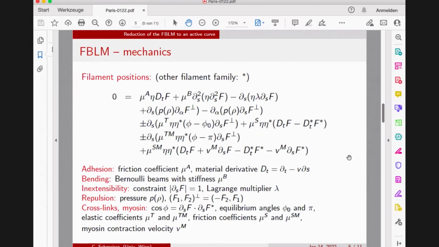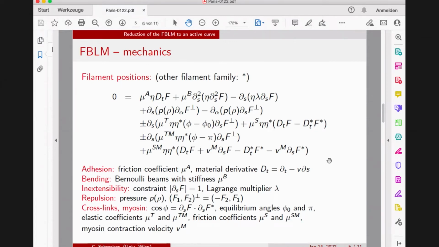The model has two aspects, and one aspect is the mechanical aspect. So where are the filaments? What is their shape? How do they move? And what are the forces acting? So there is a mechanical aspect, but there is also a chemical aspect to the model, and that is connected to the polymerization of the filaments, the depolymerization of the filaments.